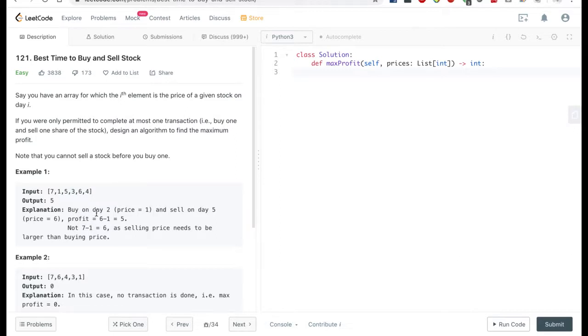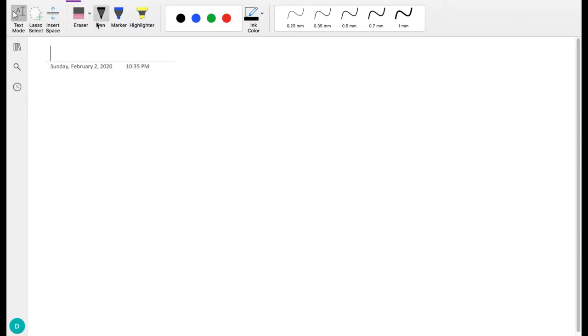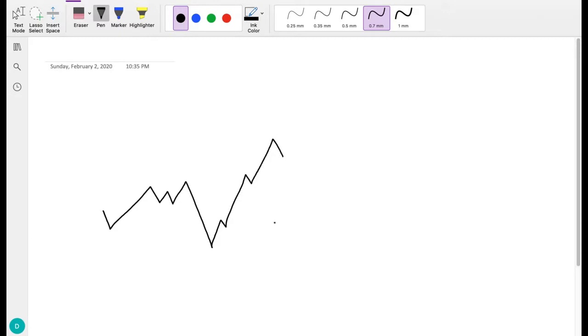Okay, so how to approach that problem? Let's have a look. For example, the stock changes like this.